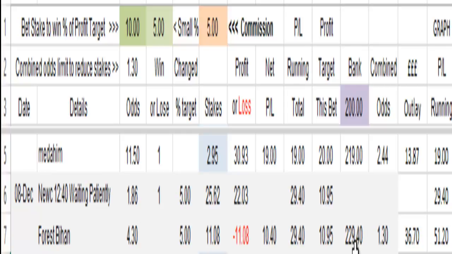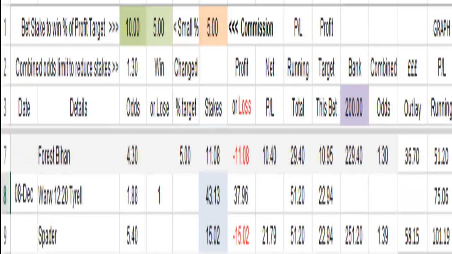Now we go down further, and this is where this software is fantastic. The next bet was Warwick at 12.20, Tyrrell and Spader. The odds were 1.88 and 5.4, which was a combined odds of 1.39, which now meant we're going for 10% of the total.